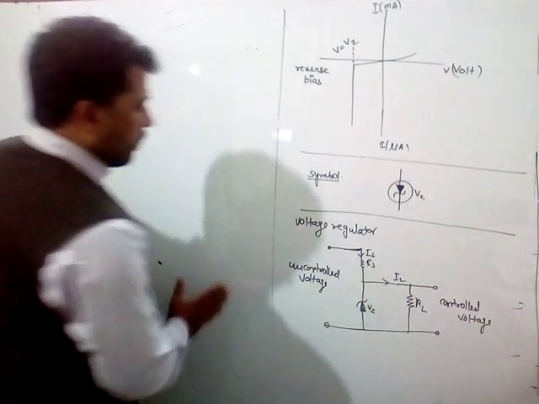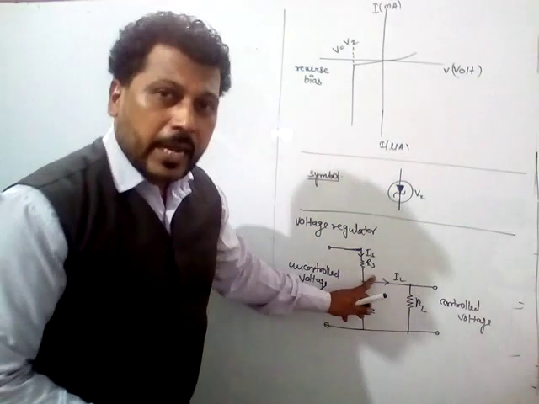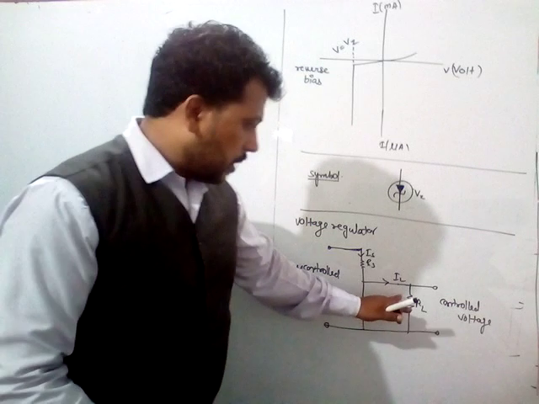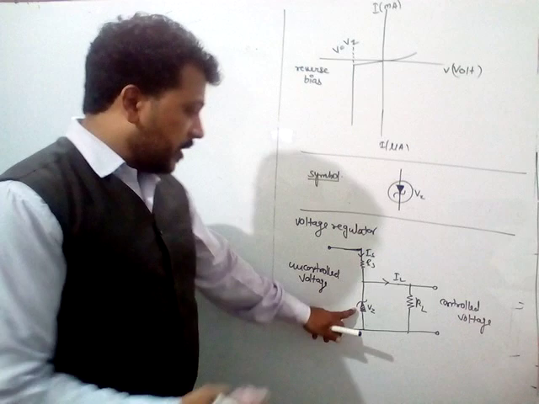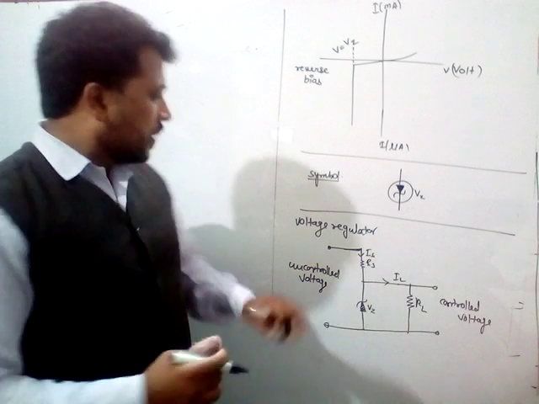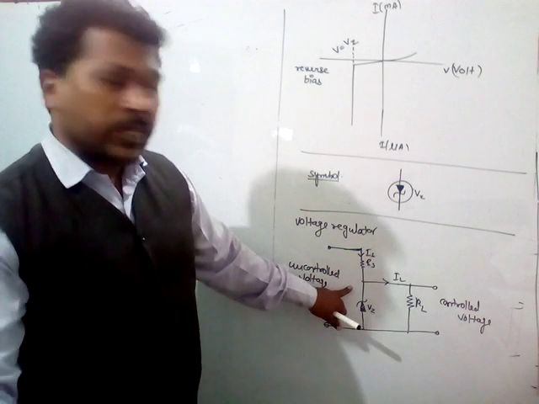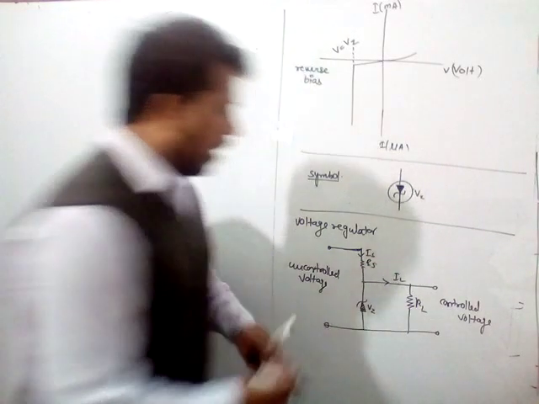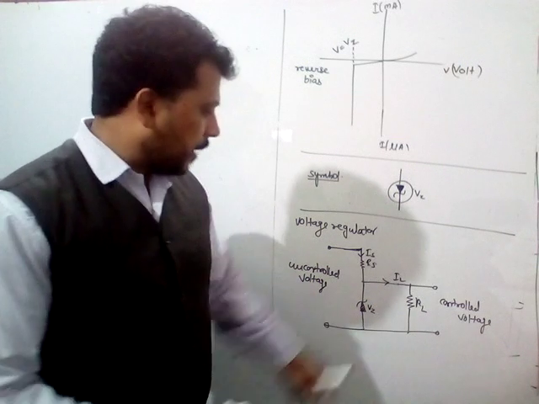Whenever the voltage increases, the current IS through RS increases, and simply we can also say that the value of IL also increases, but there is no change in the Zener voltage. On the other side, if we decrease the input voltage, then the current IS decreases or IL decreases, but again there is no change in the Zener voltage.